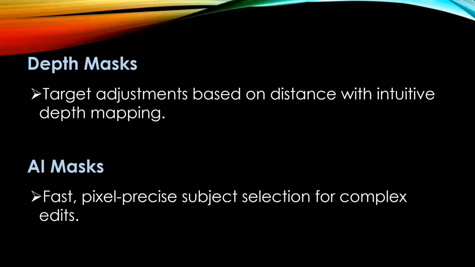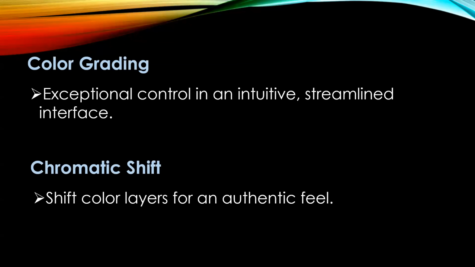Depth masks target the adjustments based on the distance with intuitive depth mapping. And we have AI masks for, they call it, fast pixel precise subject selection for complex edits. And that also lets us select by the subject, which makes it really cool.